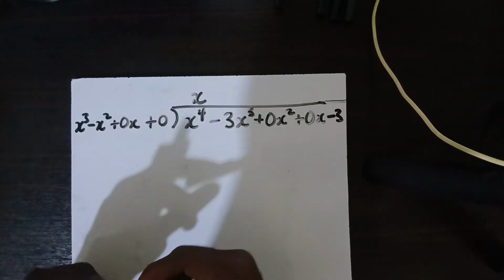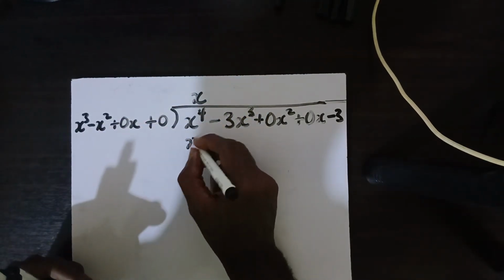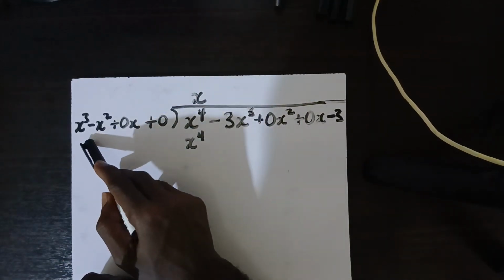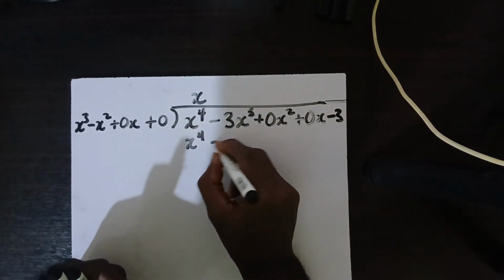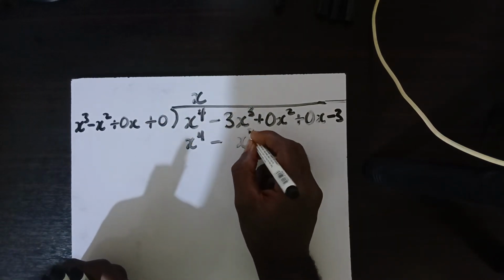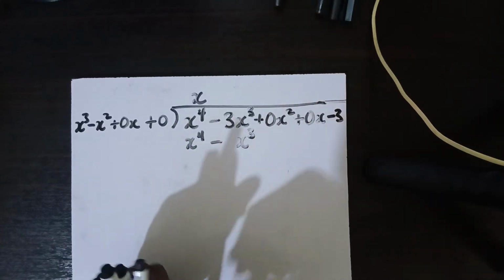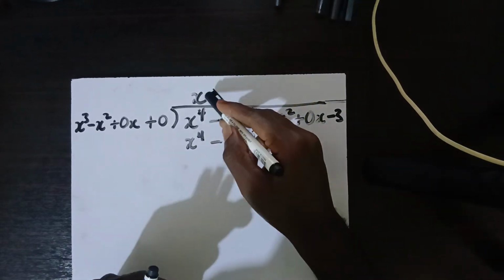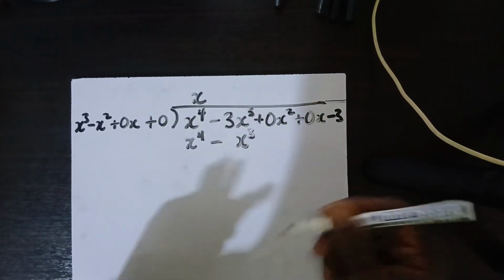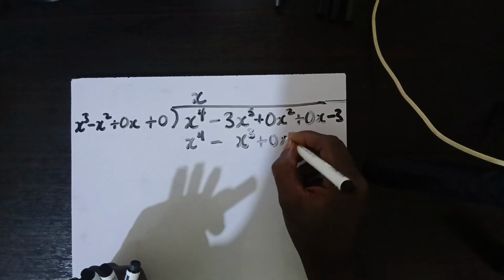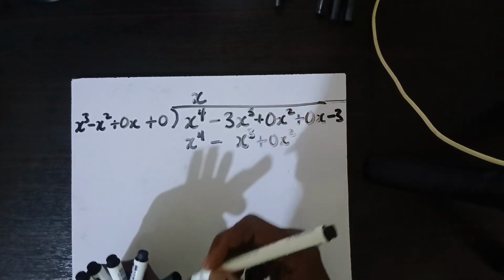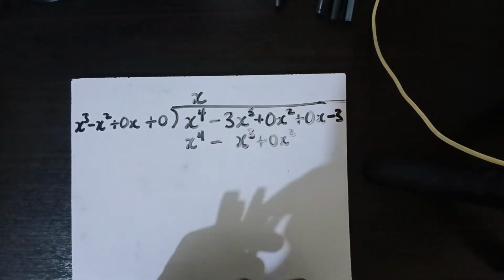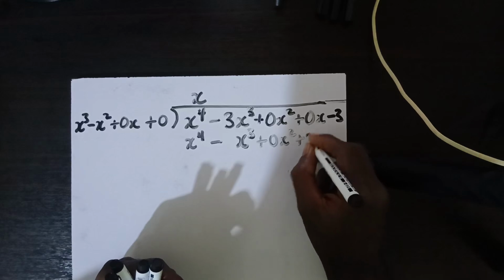So x times x cubed is going to be x to the power 4. x times negative x squared is going to give us negative x cubed. x times 0x is 0x squared. Then x times 0 is 0x.